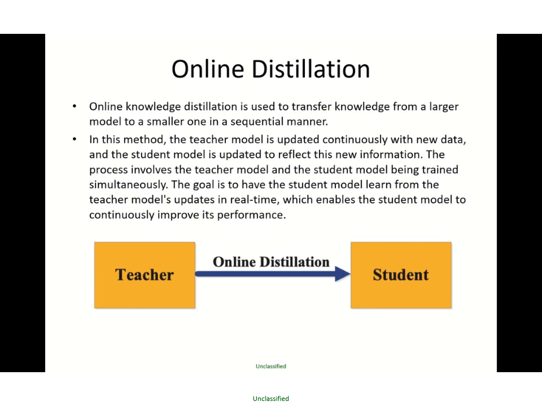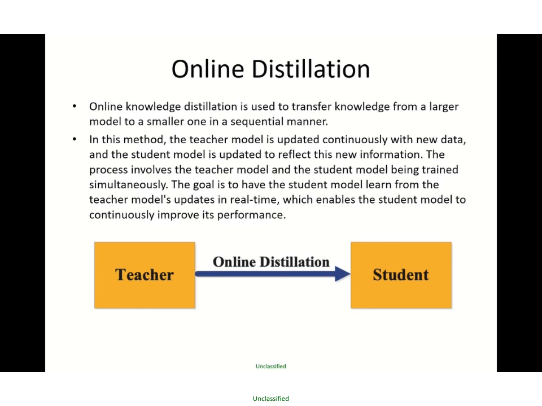Outputs from the teacher model are fed into the student model, and then outputs of the student model are used to provide feedback to the teacher model. This feedback is usually in form of error signals, which indicate how well the student model is performing compared to the teacher model.